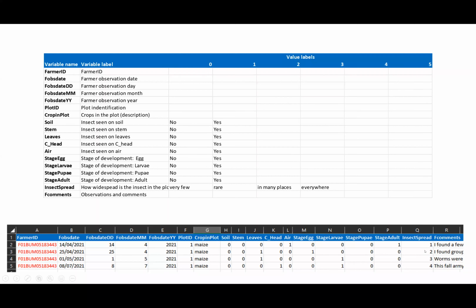And 2 means in many places, 3 means everywhere, and 0 means very few. And that is the interpretation of this. Okay, so now you can see how the transfer from field book notes to ODK to final data set happens. And this is something that is quite normal.